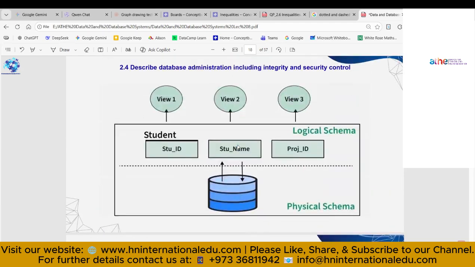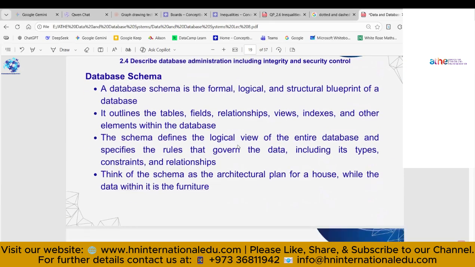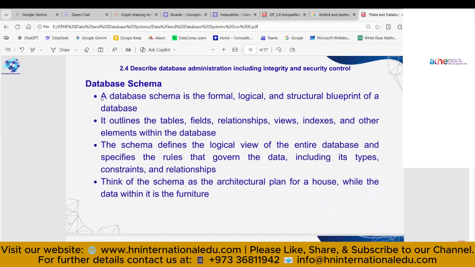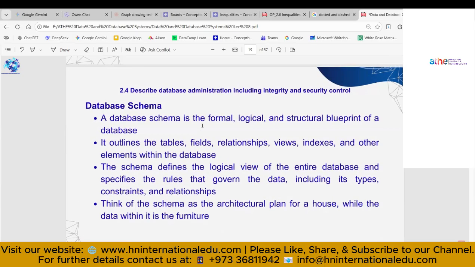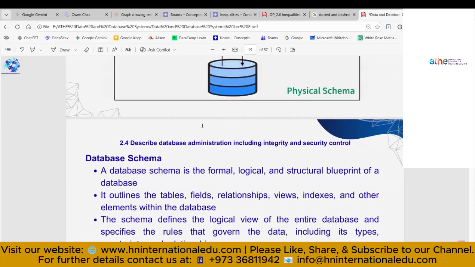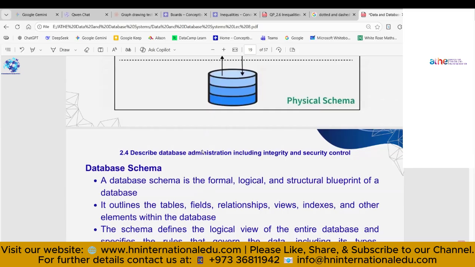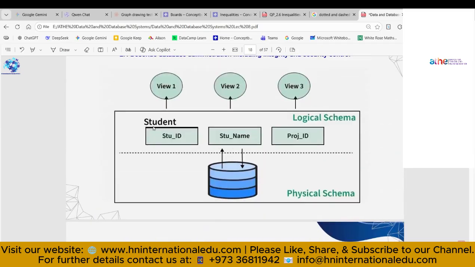What is a database schema, and what are its types? A database schema is basically the formal logical and structural blueprint of a database. Like the relational model, the RDBMS, which I discussed in previous lectures. As you can see, this is a logical schema: student ID, student name, and project ID.